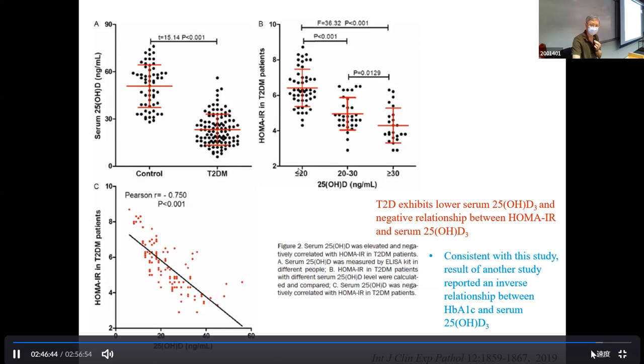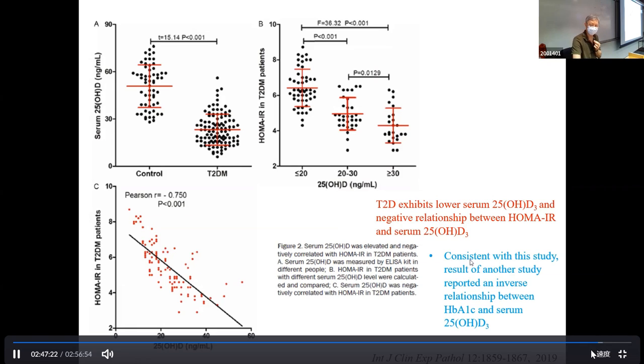The higher the 25-hydroxy D, that means the higher the level of vitamin D, the lower the insulin resistance. This is the negative correlation, an inverse relationship between HOMA-IR and 25-hydroxy D. So T2D subjects exhibit lower serum 25-hydroxy D and a negative relationship between the HOMA-IR, that is insulin resistance, and serum 25-hydroxy D.